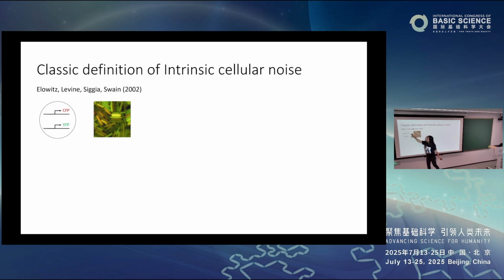They imaged the bacteria, and each bacterium is a color. If it is green, it's only expressing one of them. If it is red, it is only expressing the other. And if it's yellow, it is expressing both. If there is no noise in the system, if this gene is very coordinated, you should see mostly yellow, because both should be expressed at the same time.